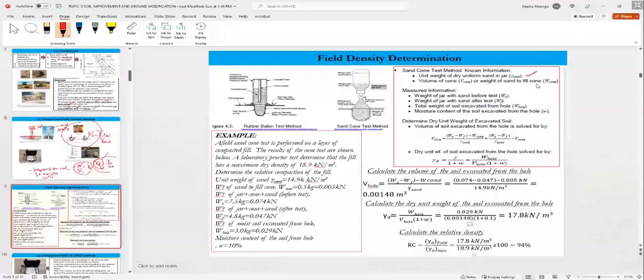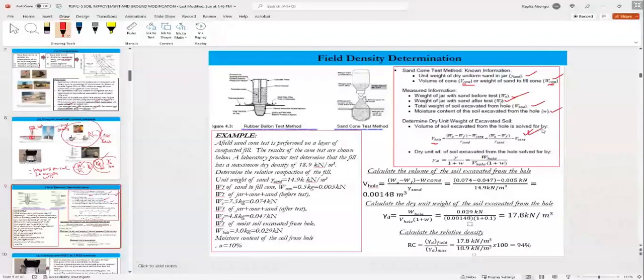Then you have the weight of the jar of sand before the test, the weight of the jar of sand after the test, the total weight of the soil extracted from the hole, and the moisture content of the soil from the hole. So you're able to calculate the volume of the hole. Just follow through to be able to get that.